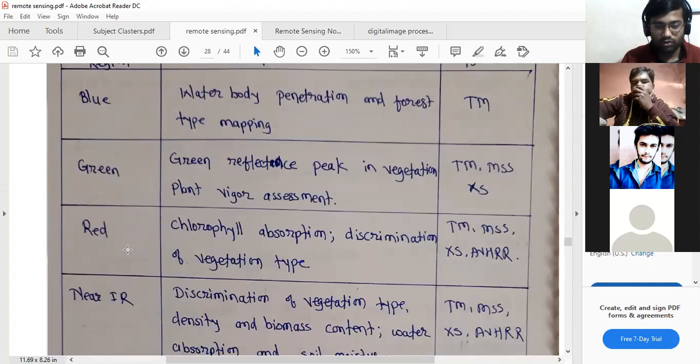Then if you are using the red band, it is for chlorophyll absorption and discrimination of vegetation type. In that case, the red band is useful. All these are names of sensors: TM, MSS, XS, AVHRR.